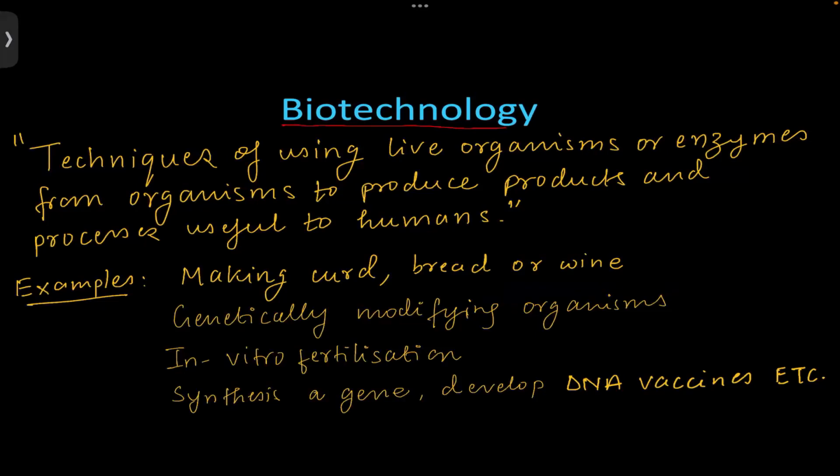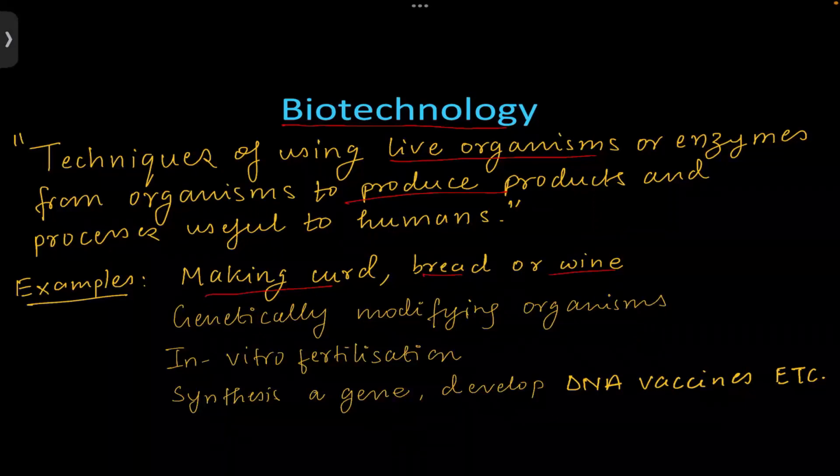Traditionally it refers to the set of techniques that uses live organisms, or their products like enzymes, antibiotics, proteins, hormones, etc. that these live organisms produce, and we humans find these products useful and use them for various activities like making curd, bread or wine.